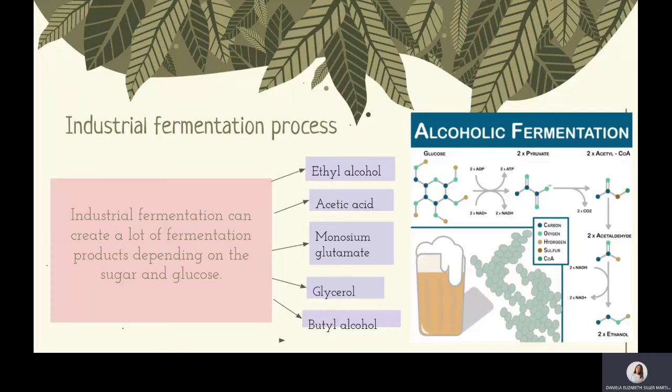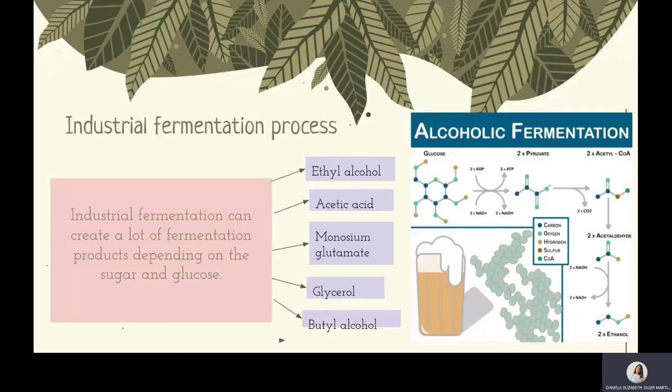Through the years, people all over the world have made discoveries that helped to do artificial things. Now, in these days, we can do fermentation which is called industrial fermentation.